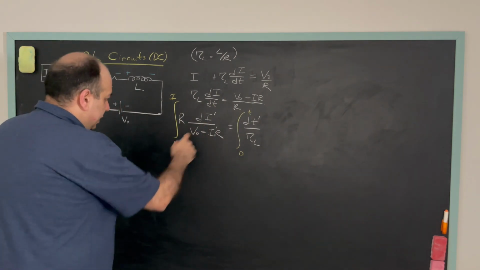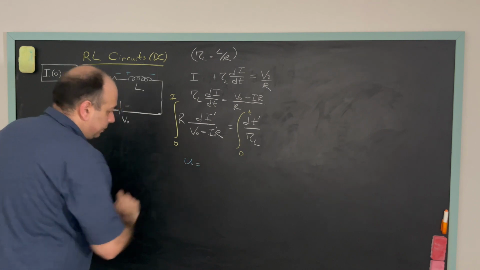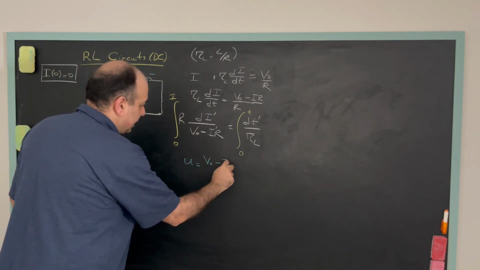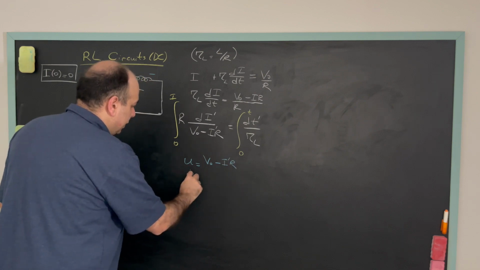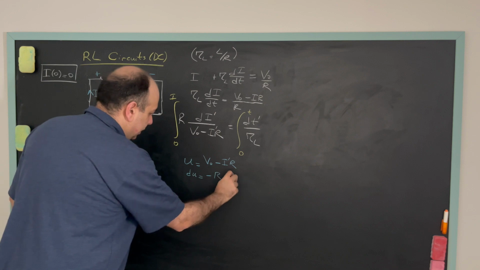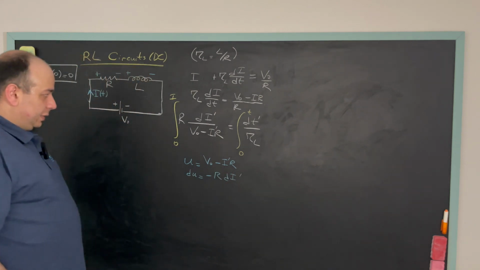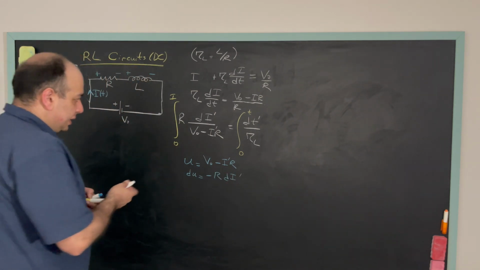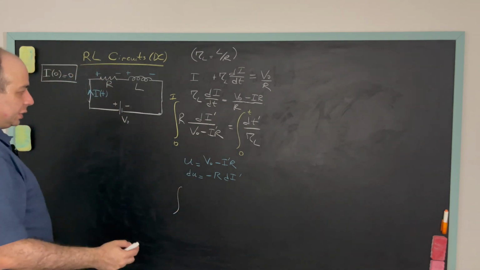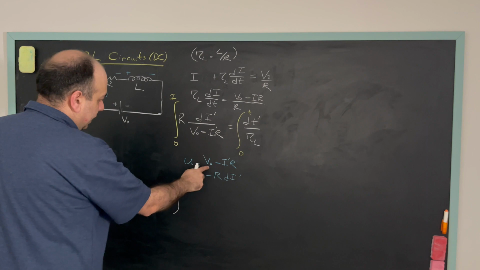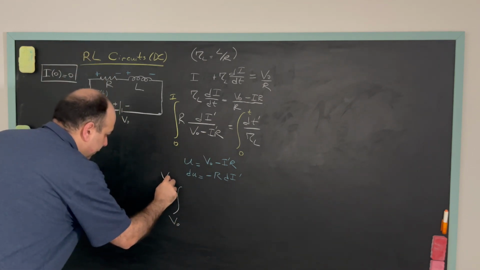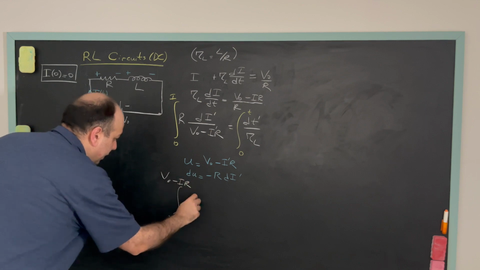So now I can do a U substitution here, with u being V naught minus I prime R. So du is simply equal to minus R dI prime. Now this integral becomes, the limits change of course. So when I prime is equal to 0, u is V naught, and when I prime is I, u is V naught minus IR.